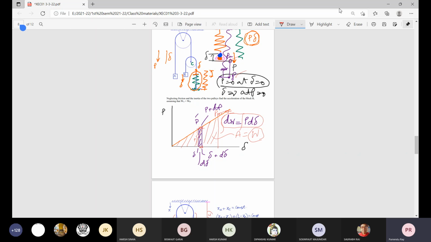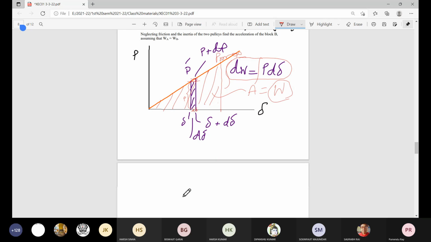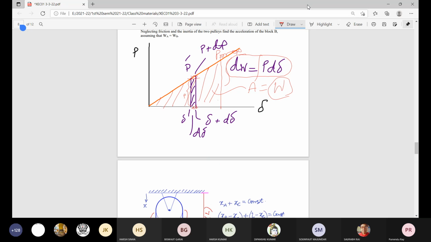For a simple case, it is a straight line, and we normally mention it in this form. P equal to K delta.